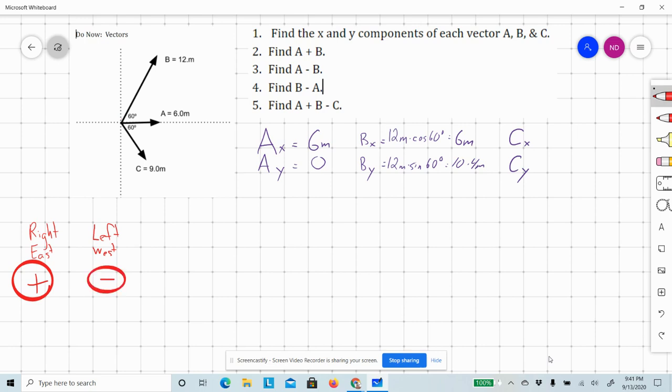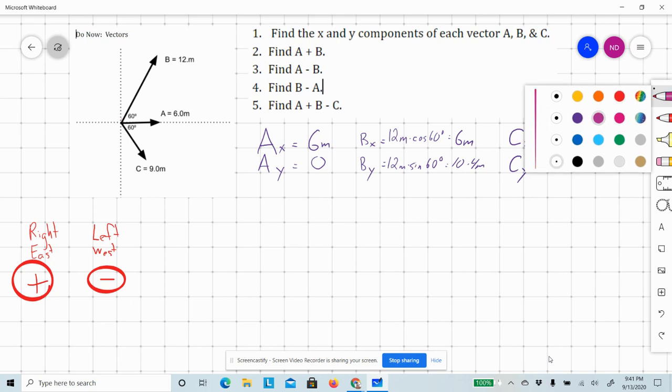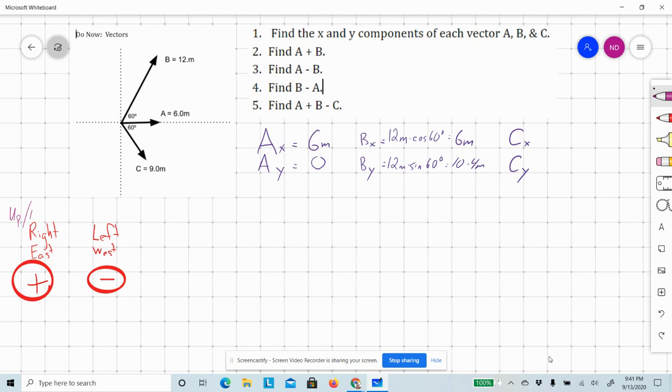And that also holds true with up or north. We consider those positive. We also consider everything down and south negative. All right? Up and north are positive, down and south negative. Important things to know.